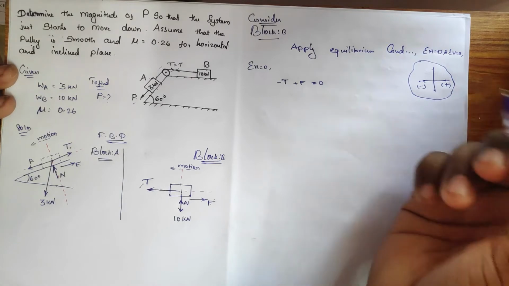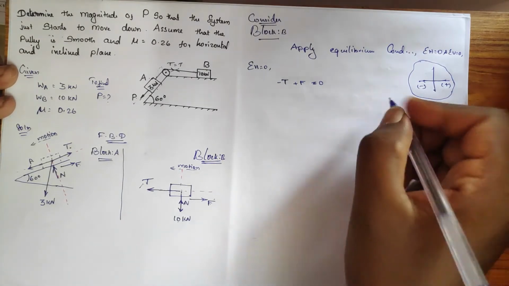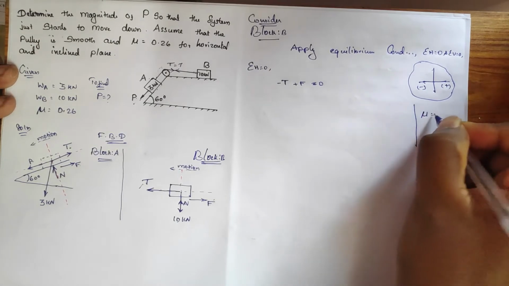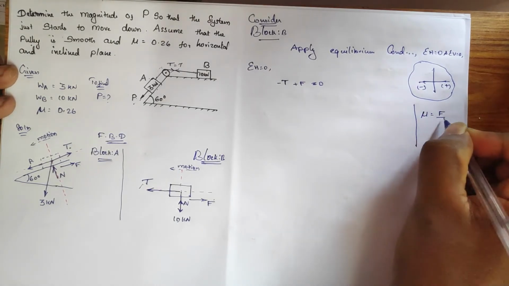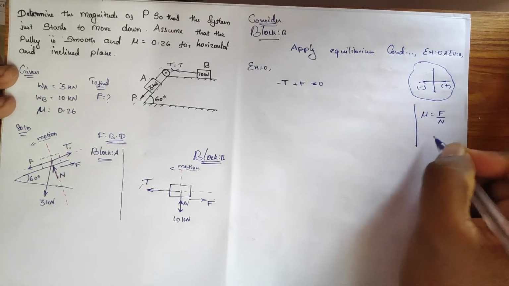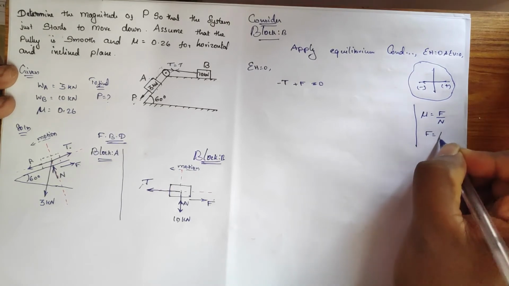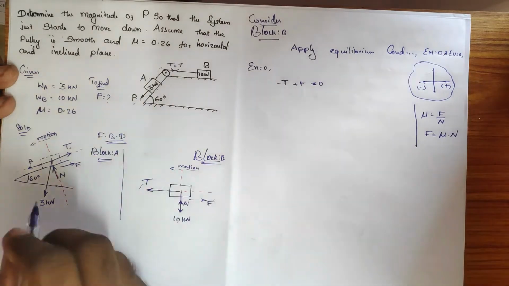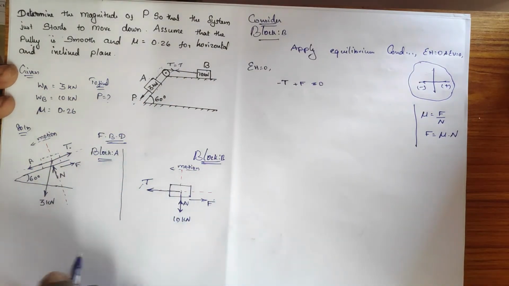What do you mean by friction F? We know the formula, coefficient of friction mu is equal to F by normal reaction. So F is equal to mu into N. Okay, so here we need to differentiate the normal reaction. It's an important part.